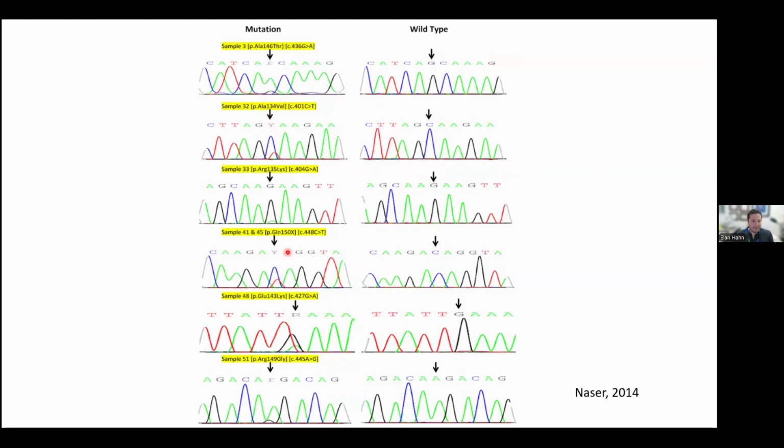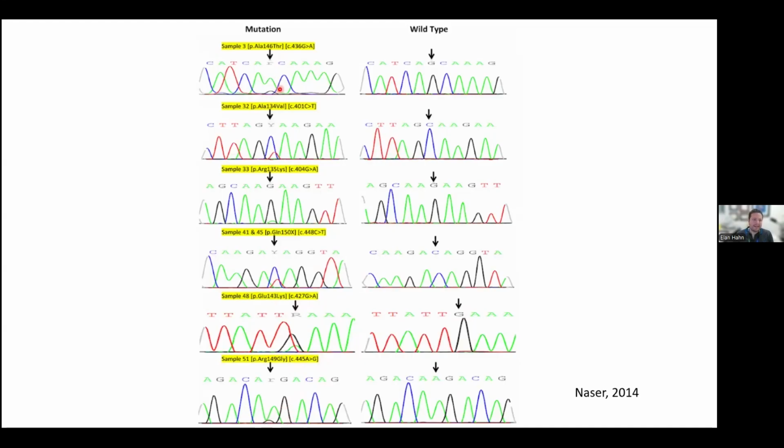Here, at position 150, we have a stop codon that comes in here, and instead of a C, we have a T and a C. And again here, instead of a G, one black bump, we have a black and a green. So an A. And here, instead of an A, we have a G as well.